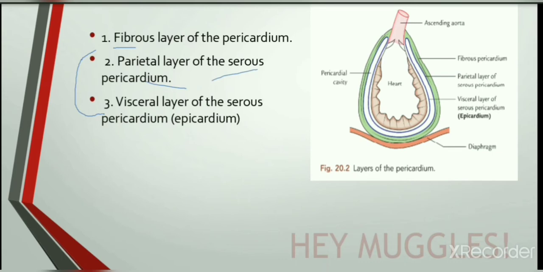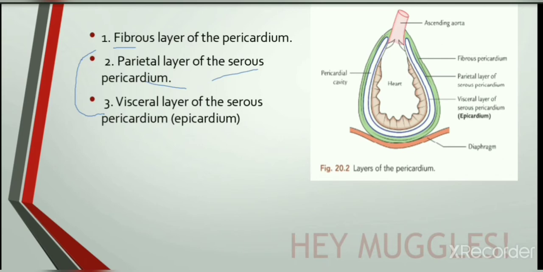The fibrous layer is a single layer structure consisting of a fibrous sac. Your visceral layer, as the name suggests, visceral, means that it is enclosing a viscera. So your visceral layer of the serous pericardium is present all around your heart. The outermost layer is your fibrous layer.